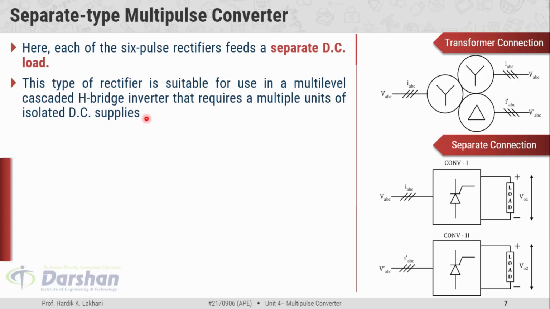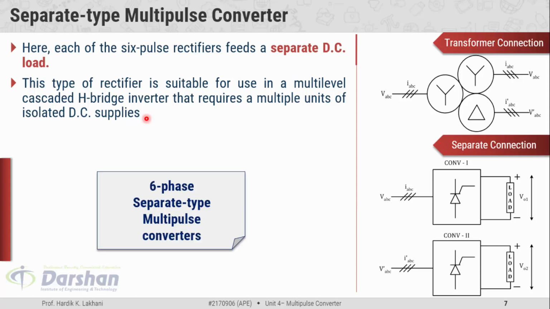In unit number 3, we have seen that the cascaded H-bridge multi-level inverter requires several separate DC sources. So for that case, this type of multipulse converter can become a source for that multi-level inverter structure. This is also termed the 6-phase separate type multipulse converter.